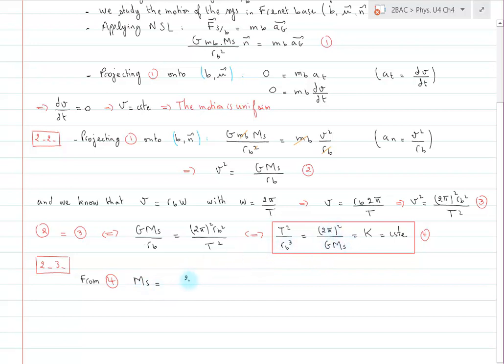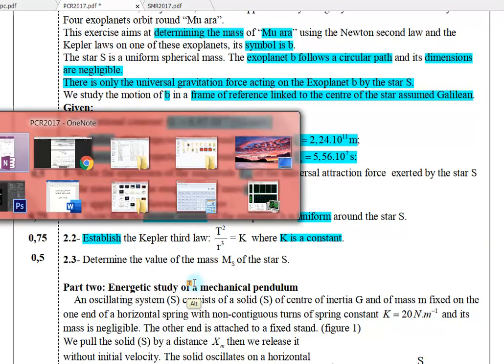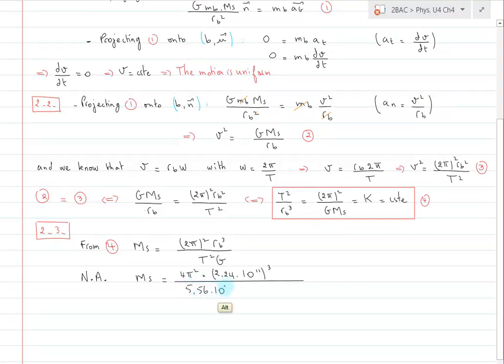So from equation 4, m_S is equal to 4 pi squared times r_B to the power 3 over T squared times G. Numerical application: m_S is equal to 4 pi squared times r_B, which is 2.24 times 10 to the power 11, to the power 3, over T, which is 5.56 times 10 to the power 7, all squared, times G, which is 6.67 times 10 to the power minus 11.